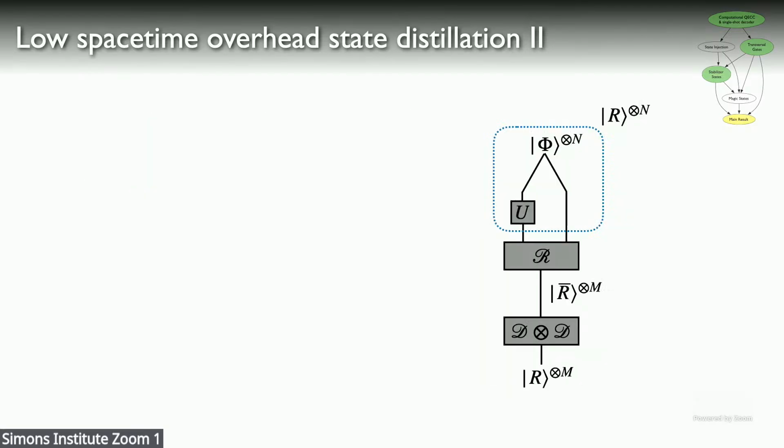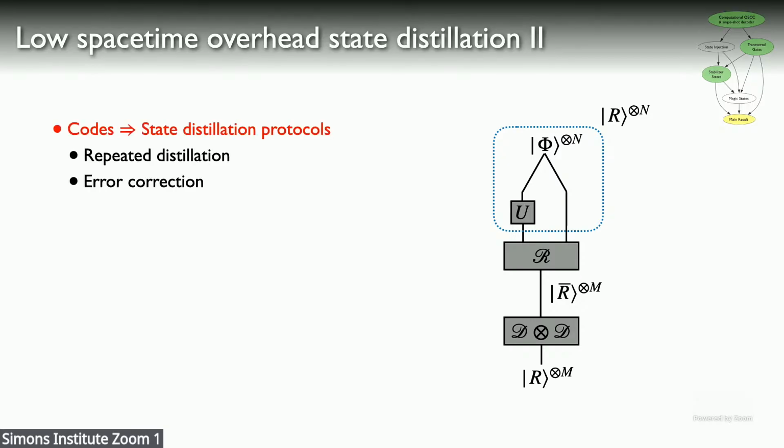Okay, so given a code that supports a particular transversal gate, that's going to give us a distillation protocol for the resource state that implements that transversal gate. We're going to repeat this distillation protocol, and it looks something like this.